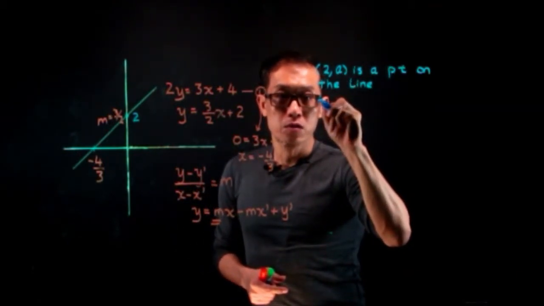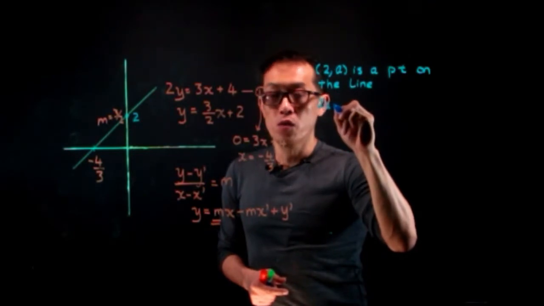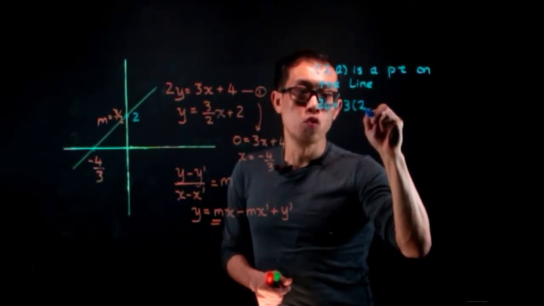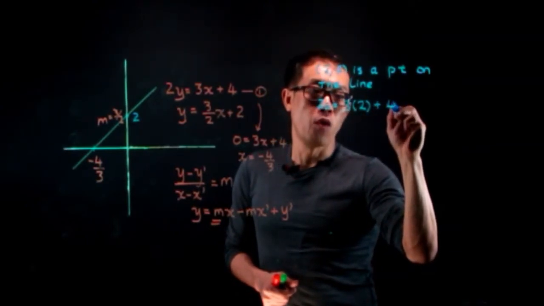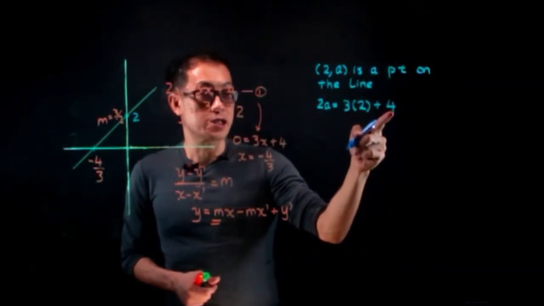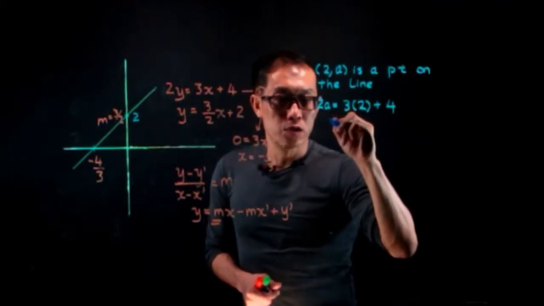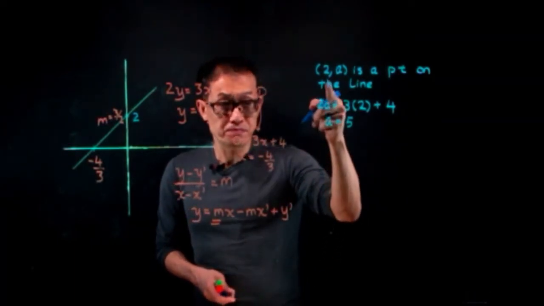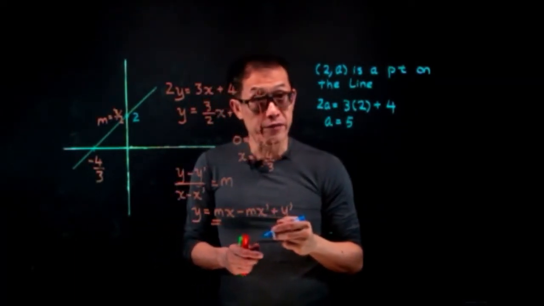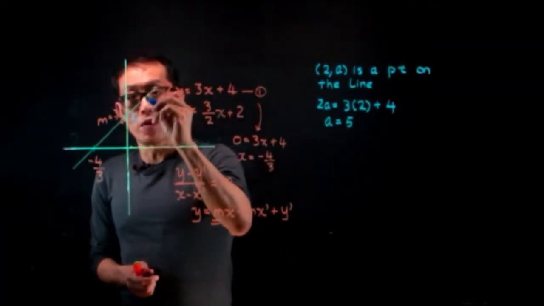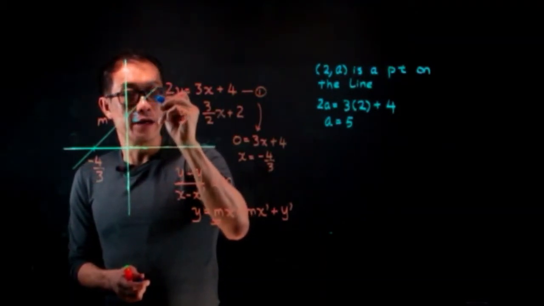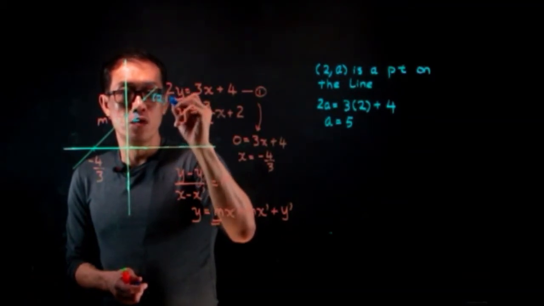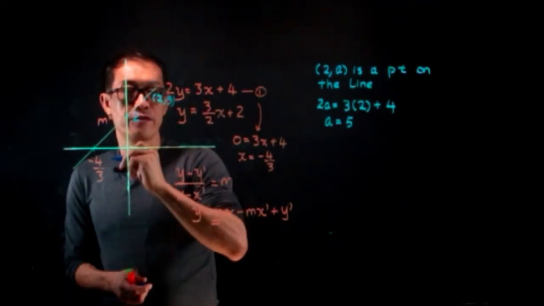So I got 2a equals 3 times 2 plus 4. 3 times 2 is 6, 6 plus 4 is 10, divided by 2. So I got a is 5. So the value of a is 5. So let's say this point is here. So this point is (2, 5).